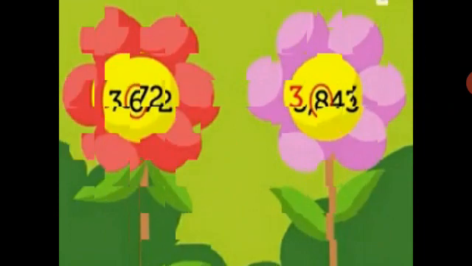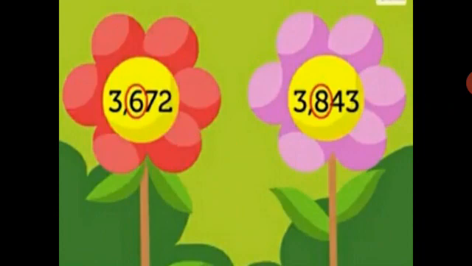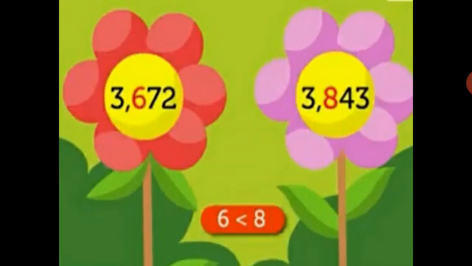See the hundreds place number. The first number has 6 in the hundreds place, the second number has 8. Which is the biggest number? 6 and 8. 8 is the biggest. Already you know the biggest number's side mouth is open.